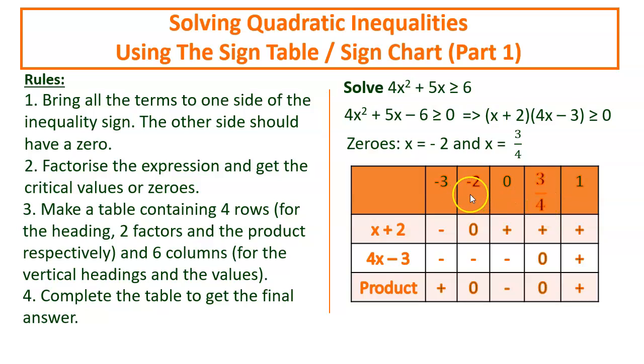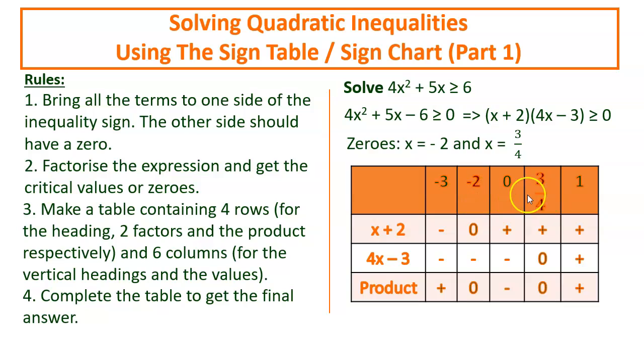We will be having two other values on each side of each of the zeros. I'm having one value that is negative 3, which is less than negative 2, and 0 to the right of negative 2, which is more than negative 2. Also 3 over 4 has 0 to the left because 0 is less than 3 over 4, and it has 1 to the right because 1 is more than 3 over 4.